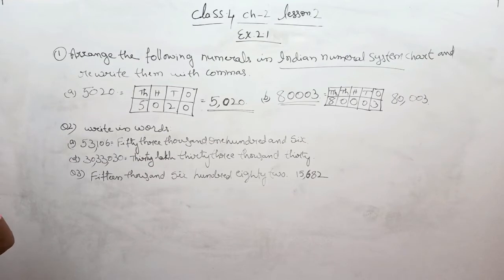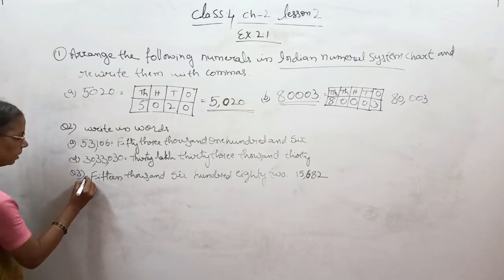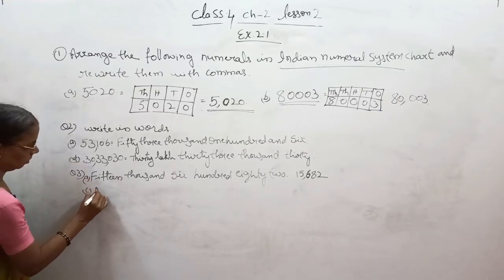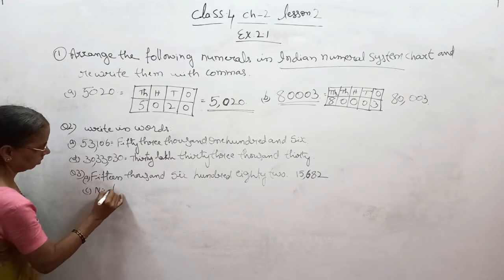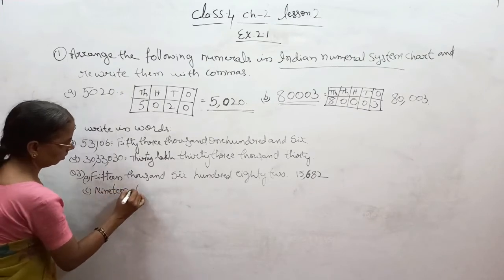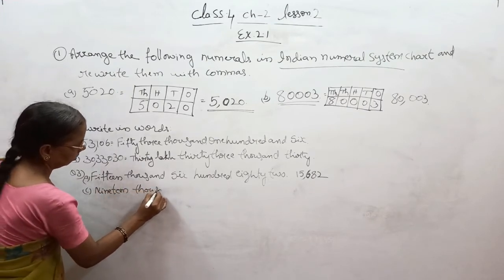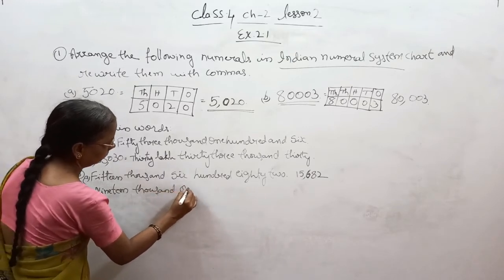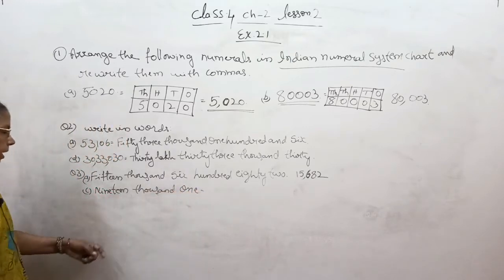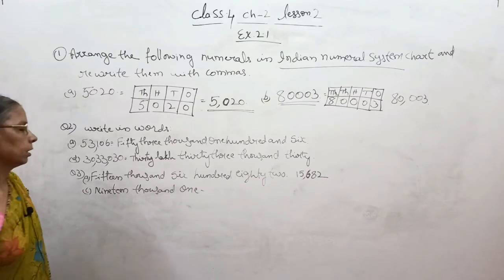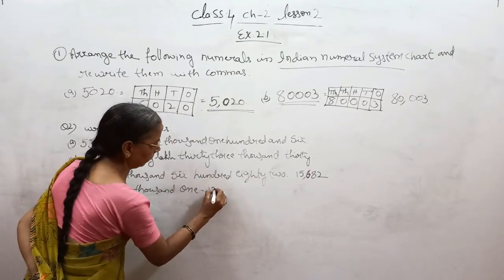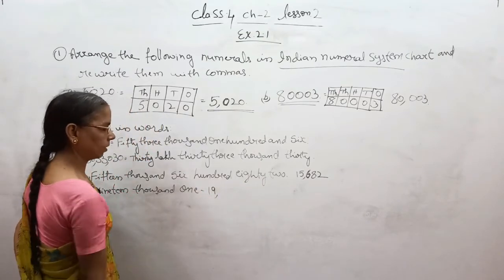Now the second question is 19,001, that is C. Here we write 19 first, then put a comma.